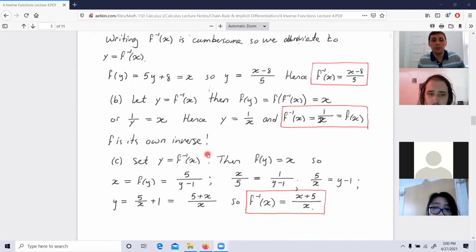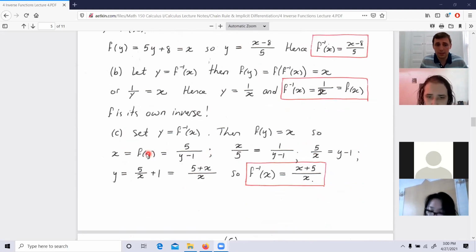We can scroll down and again, we set y equal to f inverse of x. You agree? So that means we get x is going to be equal to f of y, but f processes any input by saying it's 5 divided by the input minus 1, so 5 divided by y minus 1. Good? So then I divide by 5 and take reciprocals.